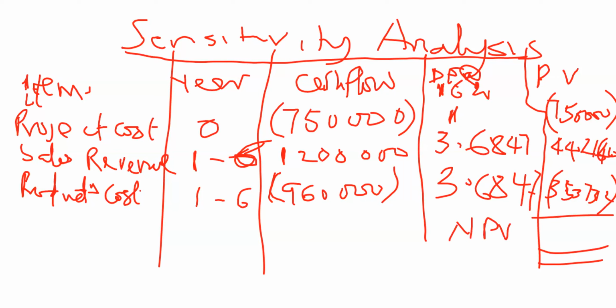That means minus 750,000 plus 4,421,640 minus 3,537,312.